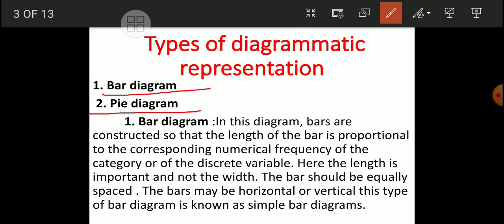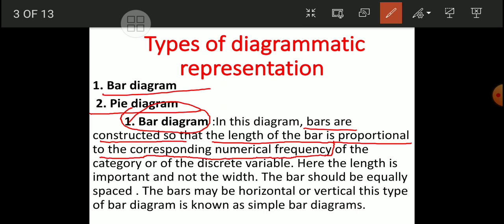Now we have to get an idea about the bar diagram. In this diagram, bars are constructed. The length of the bar is always proportional to the corresponding numerical frequency. These things you have to keep in mind.